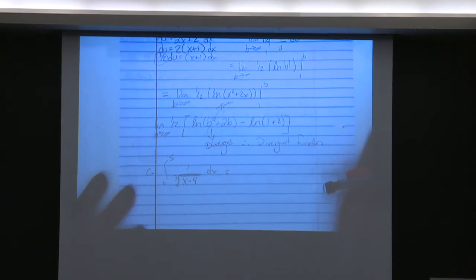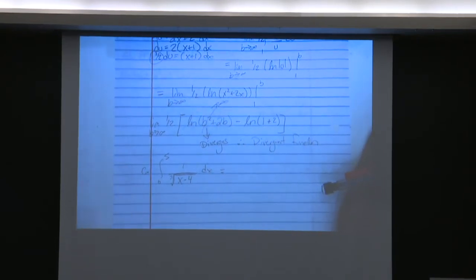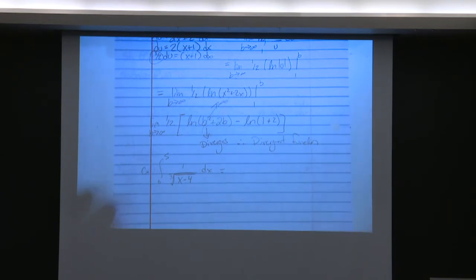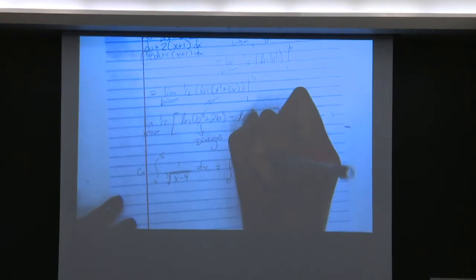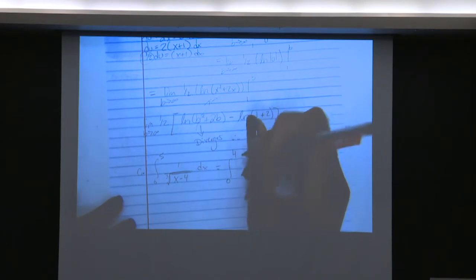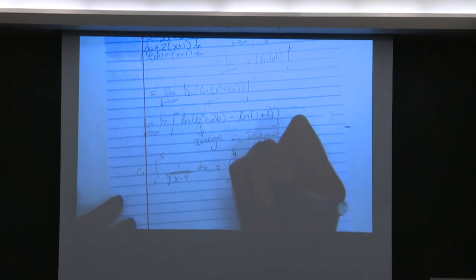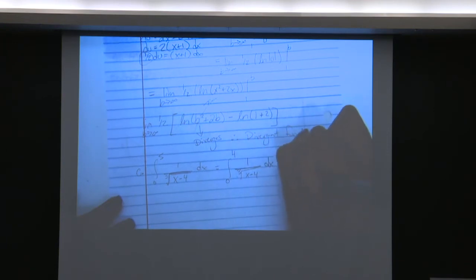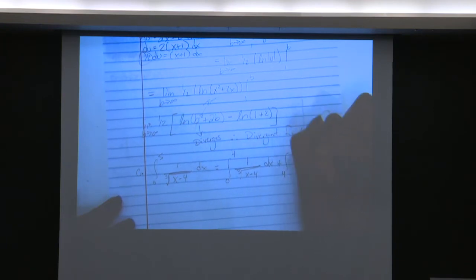So we have to split it up and take the limit from 0 to 4 as it approaches from the left, and then from 4 as it approaches from the right to 5. Cool? I'll write that down just in case you did not catch that. First, let's split it up like this: dx plus the integral from 4 to 5 of 1 over the cube root of x minus 4.